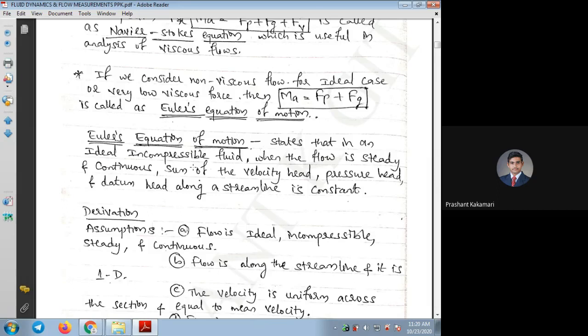It states that whenever a fluid is in motion, all of you assume in mind that fluid is in motion in a river. Don't take any standard shapes because it will be difficult to assume. Just imagine a river, where a fluid is continuously flowing. Assume that it is an ideal fluid, meaning there is no viscosity present. Viscosity is neglected, compressibility is neglected, and the flow is steady and continuous.